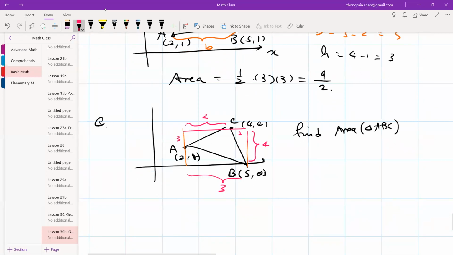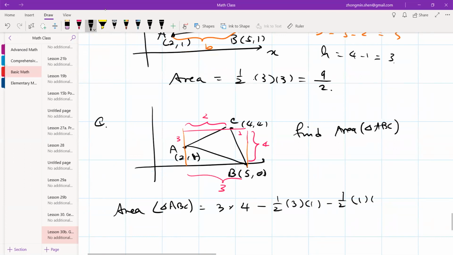So the area of the triangle ABC is given by the area of the rectangle. Rectangle is 3 times 4, right? Minus the area of the 3 triangles. The first one, the bottom: the length is 3, the height is 1. Then the one on the right, 1 times 4 divided by 2. Then the one on the top, it's 2 times 3 divided by 2.